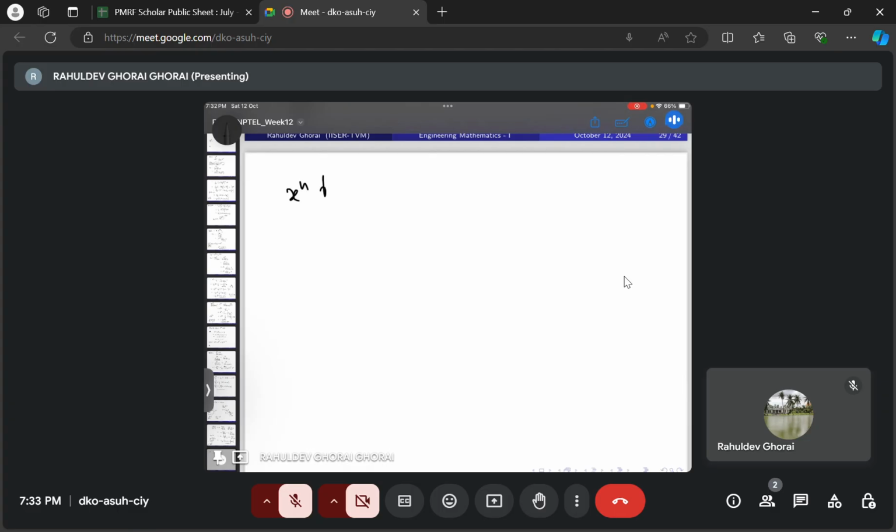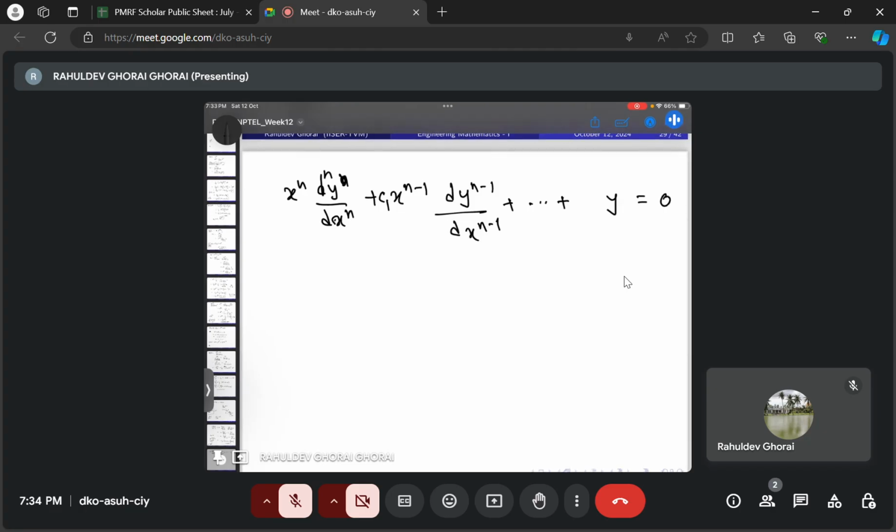It will be like this: x to the power n d to the power n y over dx to the power n, plus x to the power n minus 1, times some constant c1 which does not depend on x, d to the power n minus 1 y over dx to the power n minus 1, plus and so on, plus cn y equals 0.